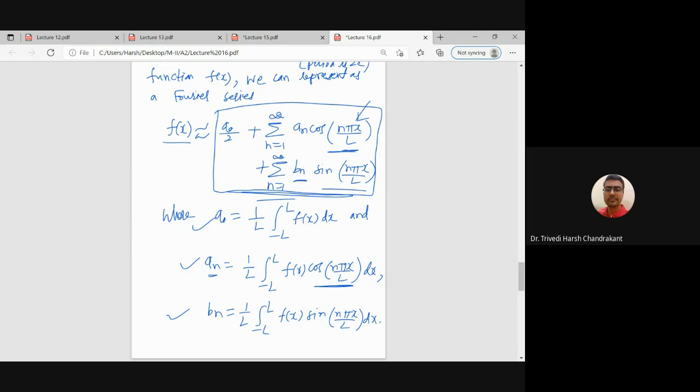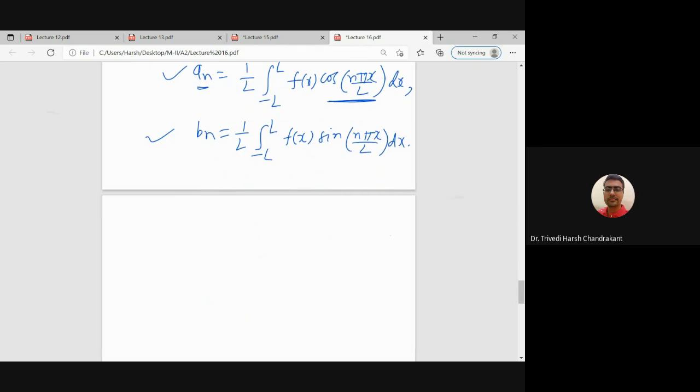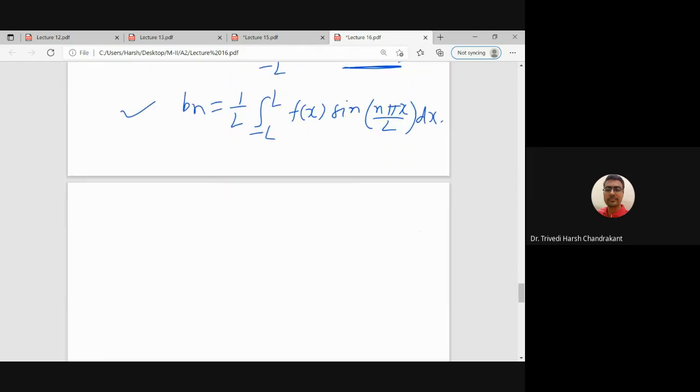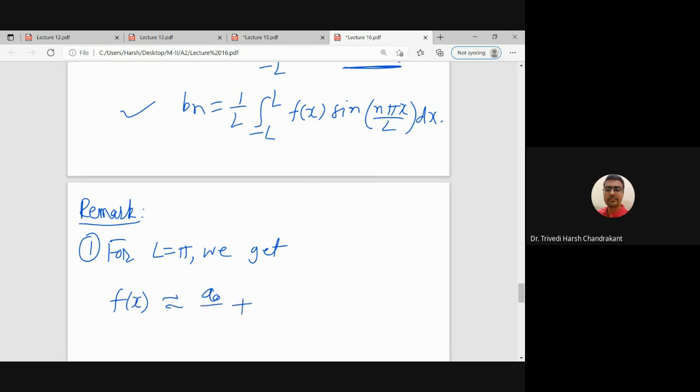Let us first take some examples on how to apply this formula. Before that, there is one remark: for L equal to pi, the Fourier series turns out to have an cosine nx.